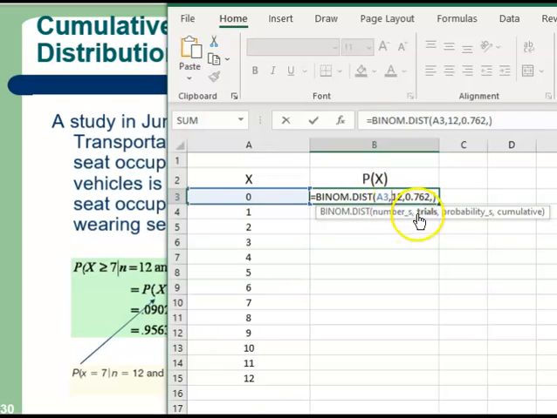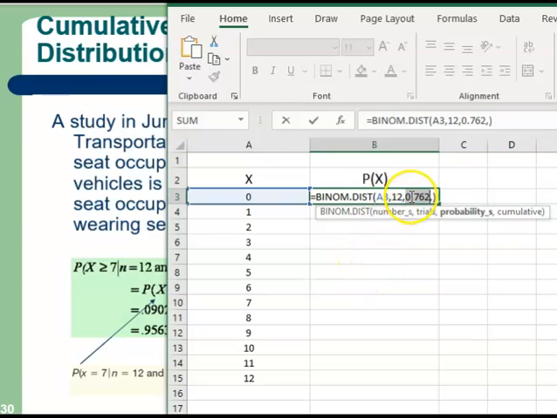The second one is the number of trials, and that's how many samples we got here. We got 12 samples, right? And the next one is the probability of success, which is 76.2%, right? Based on past data, they know that 76.2% of people are using seatbelt.